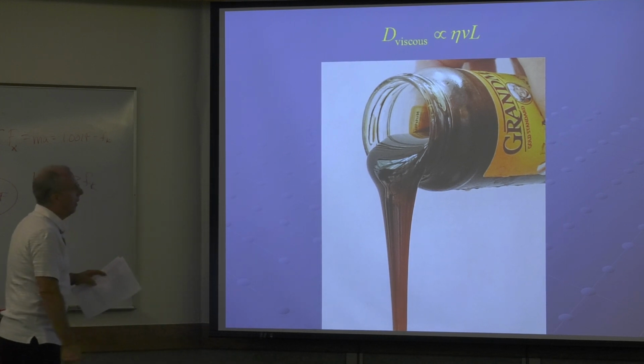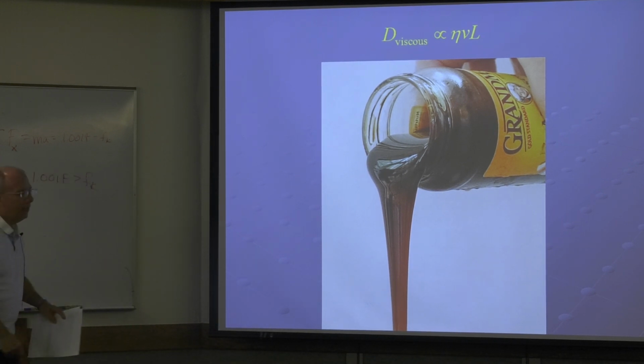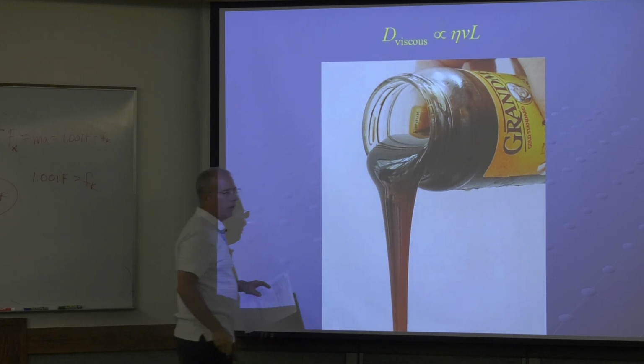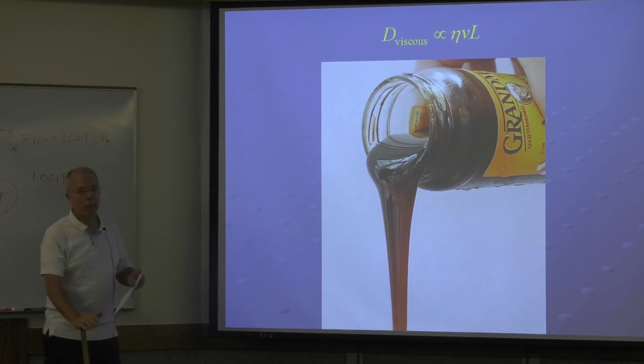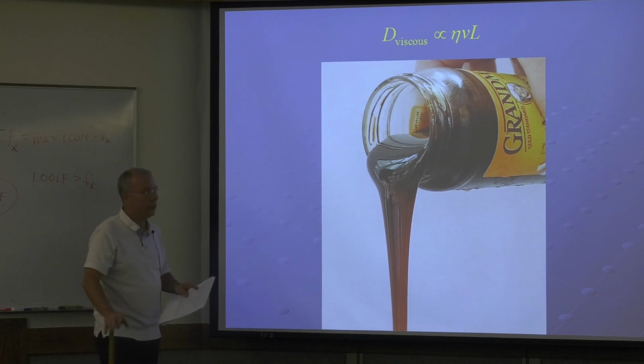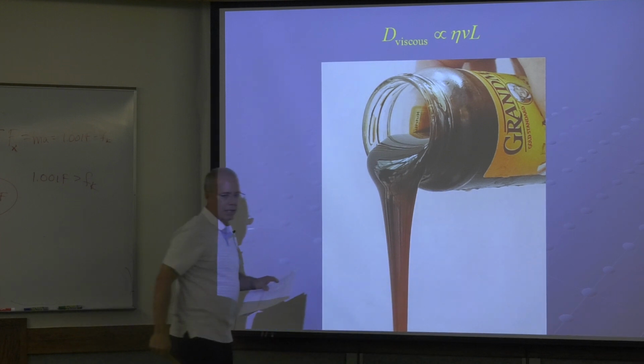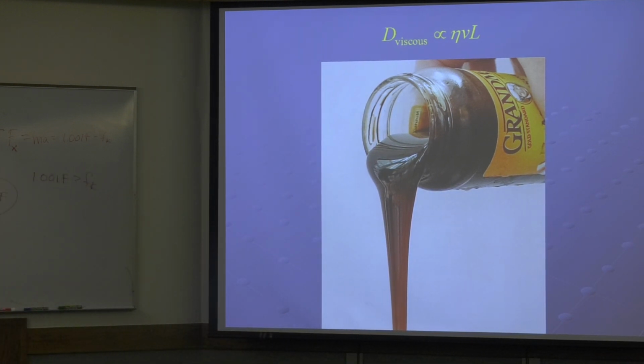So that's viscous drag. And again, another messy equation. Eta, the Greek letter eta, is called the viscosity. Molasses has a high eta, water doesn't. V is the velocity of the object again, and L is something like the size of the object.